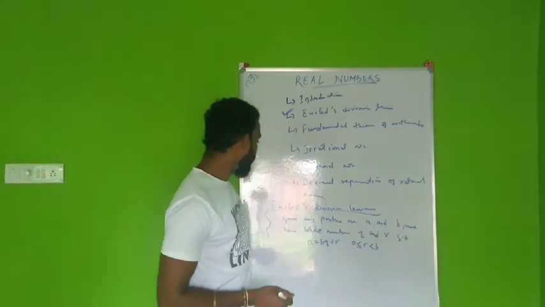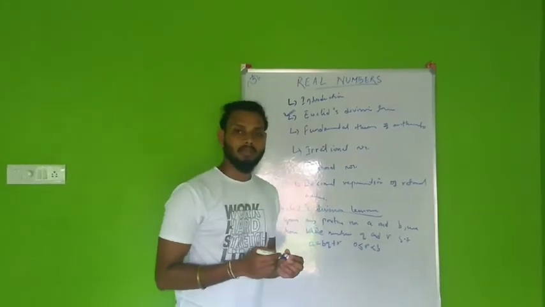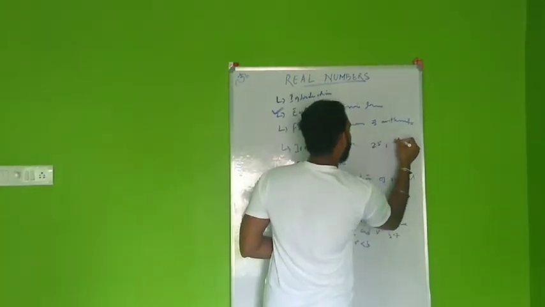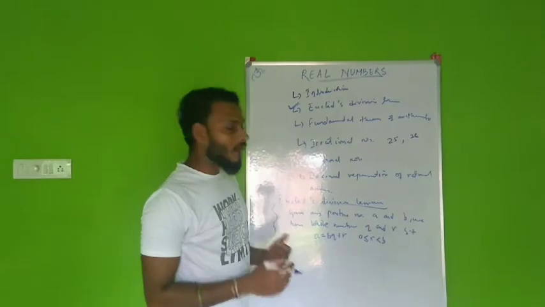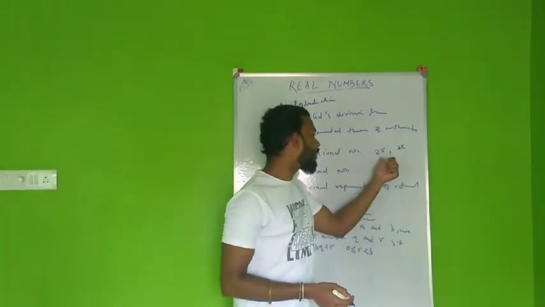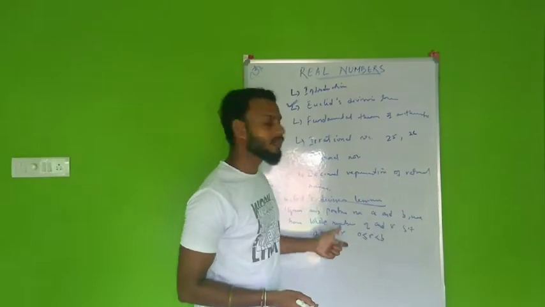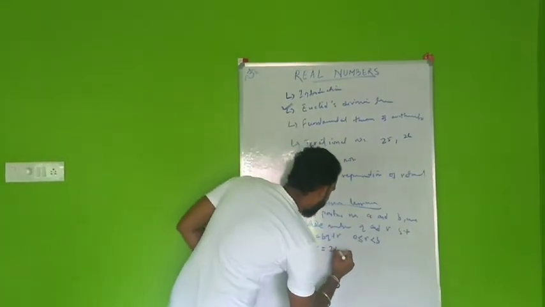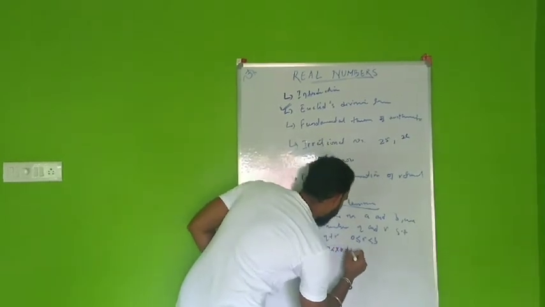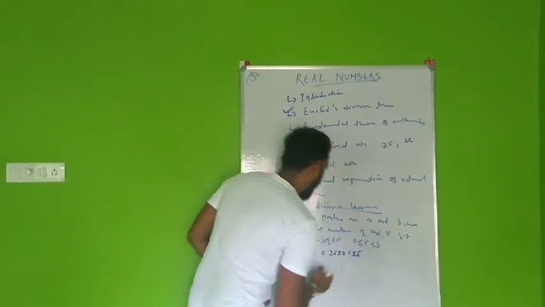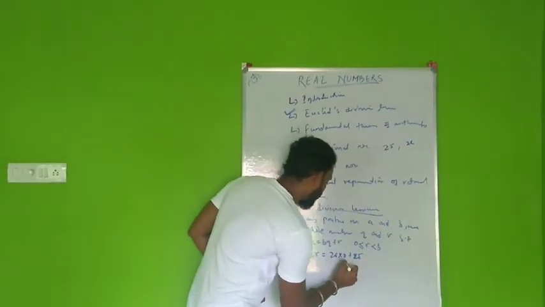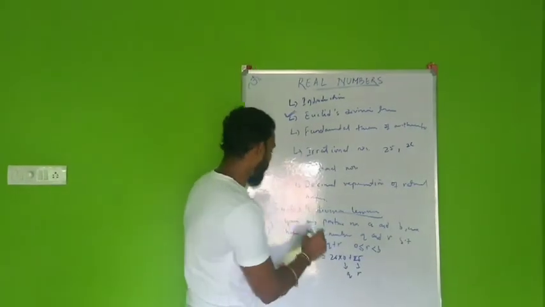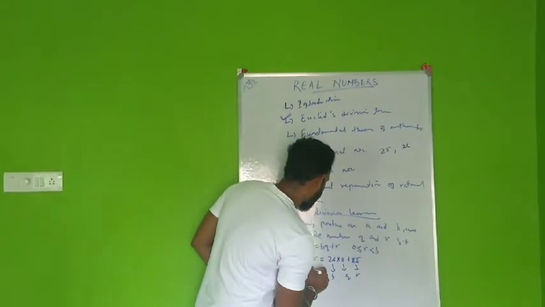So what does Euclid's lemma say? If I have any two numbers, let us consider 25 and 26. I can always write them in a relation such that 25 is equal to 26 into 0 plus 25. Here this 0 is my q, this is my r, this is my b, and this is my a.